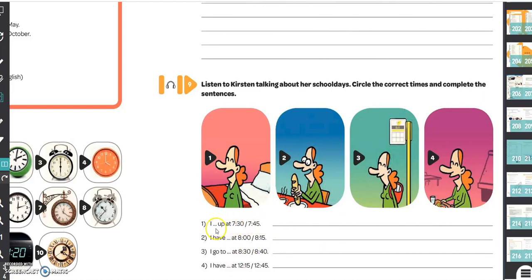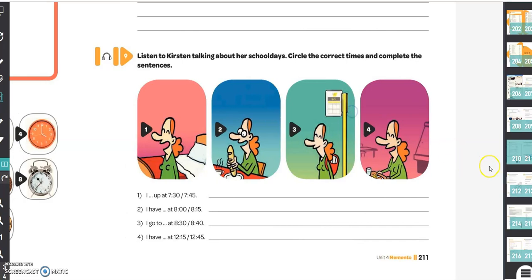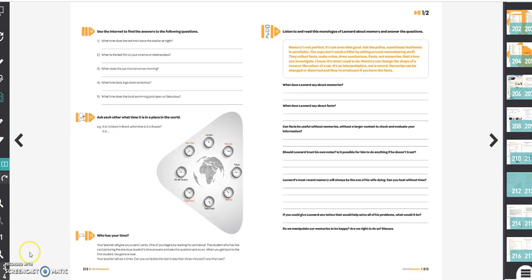And so here you have to fill in the missing part. Okay, so you write this on the lines. Yes? Then for the next page, we have one more exercise.